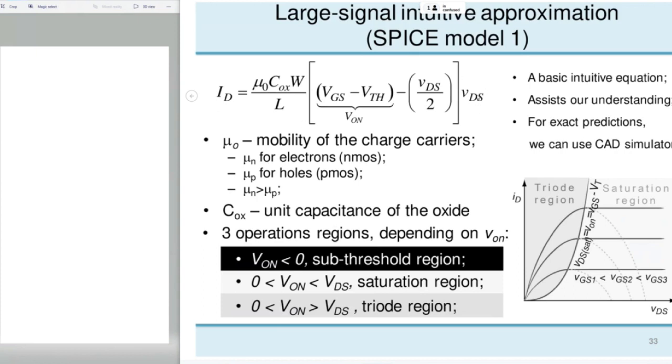Because in most of the design cases, you consider either cutoff, no current, or triode region, which is this equation, and saturation region. The equation of the current in saturation region can be very easily derived from the equation of the triode region. So if you memorize this equation, you actually know the equation for the current in saturation region.